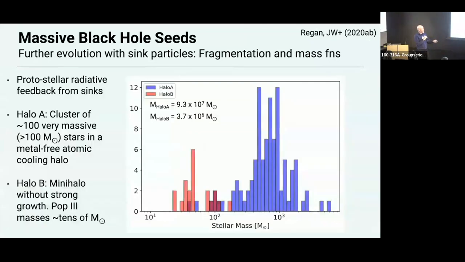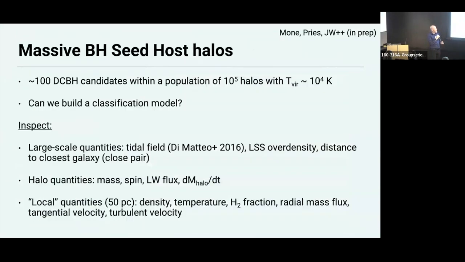But looking at the mass functions, in this rapidly growing halo, you typically get around 1,000 solar masses of stars, and a few dozen of these massive stars compared to the more typical population 3 stars at a time. But this is the new work that I ran out of time to show.